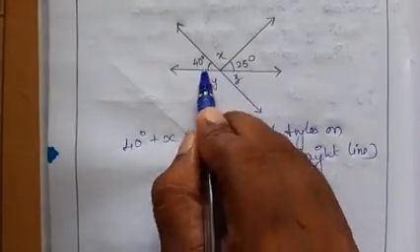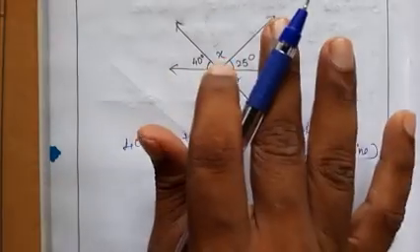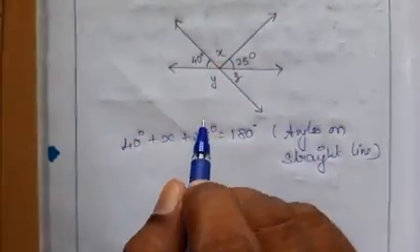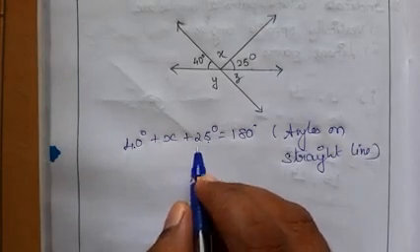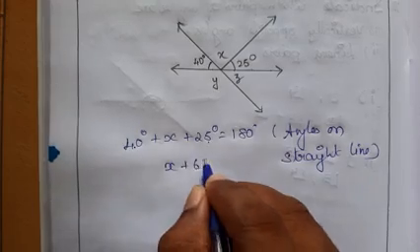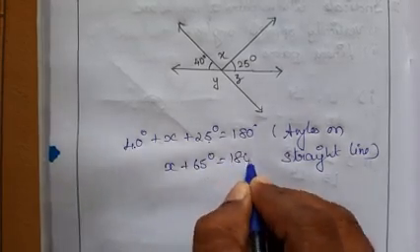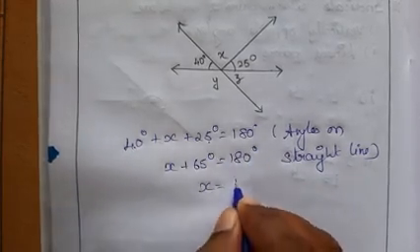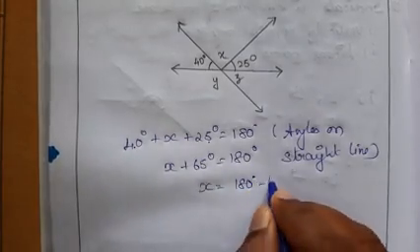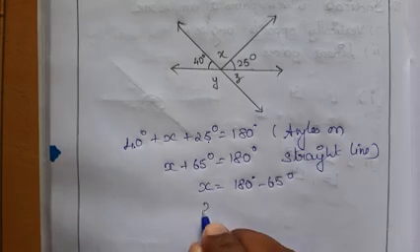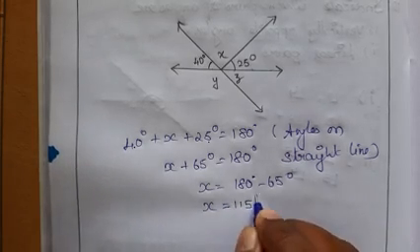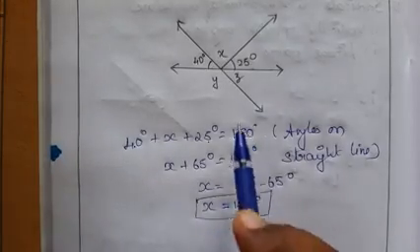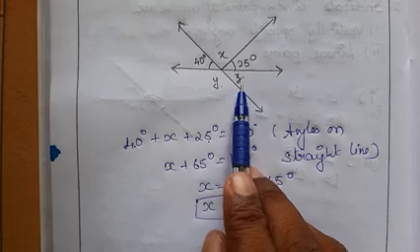So whatever the angles are split into, if we add them, we have to get 180 degrees. So 40 plus 25 is 65. So x plus 65 degrees is equal to 180 degrees, and if you bring 65 over, it will be subtraction. So x is equal to 180 minus 65. We will be getting 115 degrees. We found x. Next we have to find y and z, right?